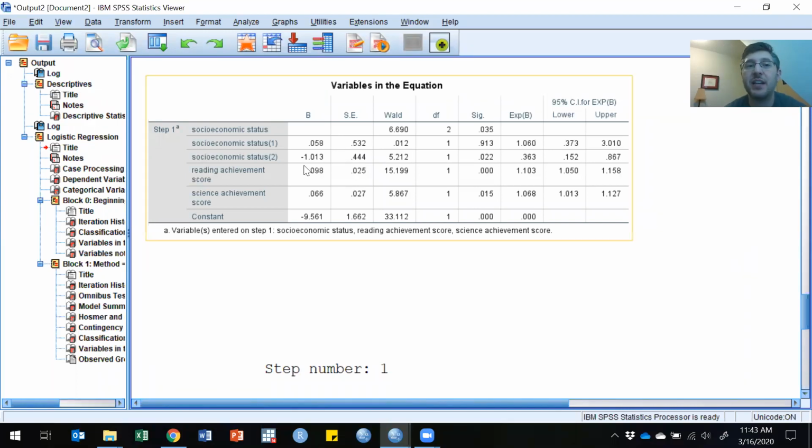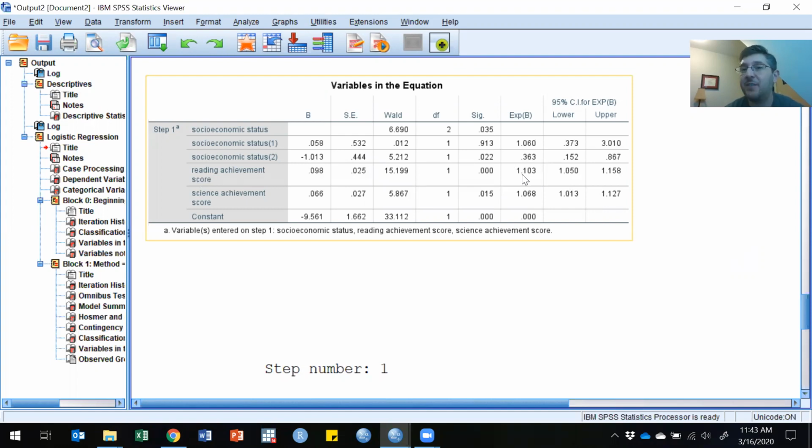If we look at the reading score here, this is saying that every 1 unit increase in reading would correspond to around a 10% increase in the odds of being in the honors composition course.